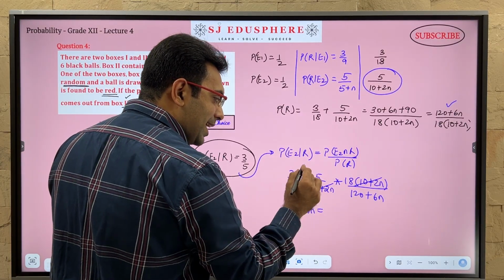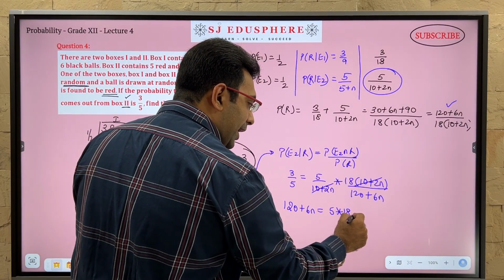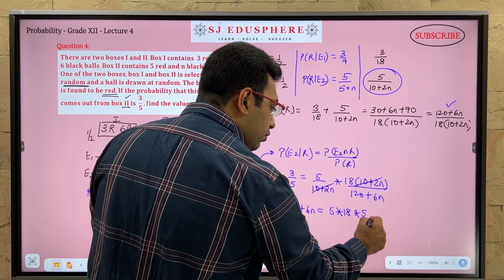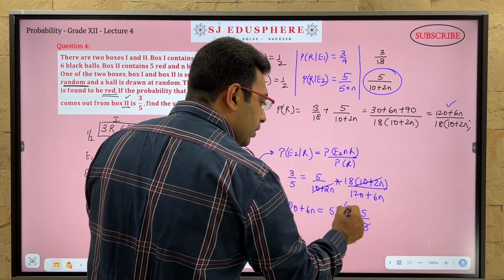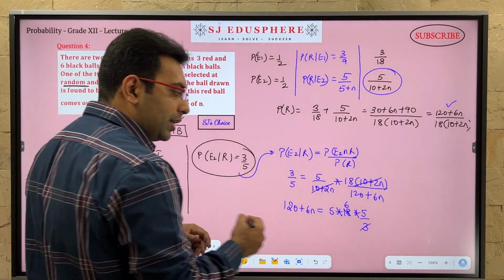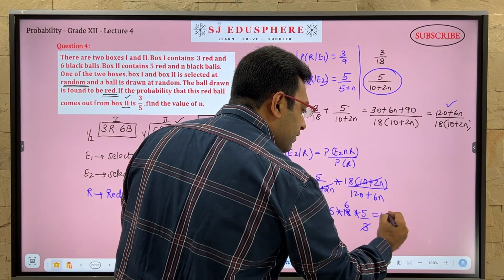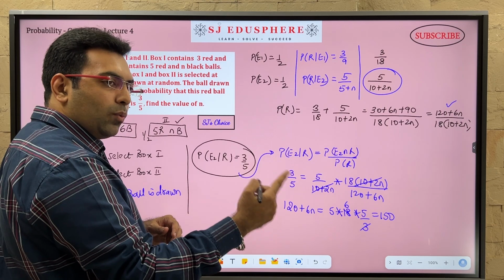So on the right side, I am left over here with 5 into 18 into 5 divided by 3. So 3 goes over here 6 times. 5 into 6 is 30. 30 into 5 is 150. So 120 plus 6n is 150.